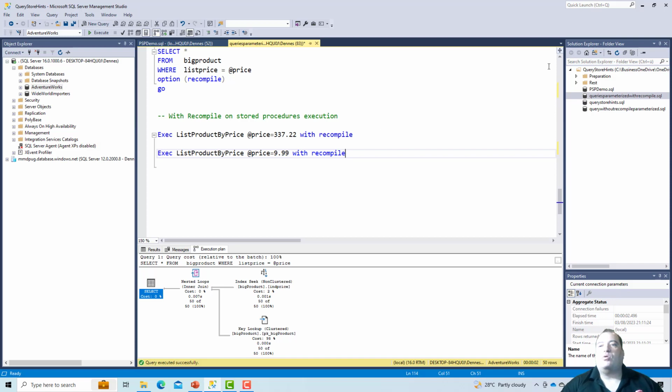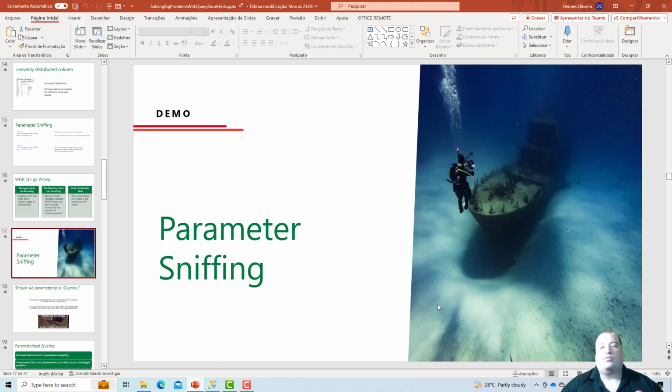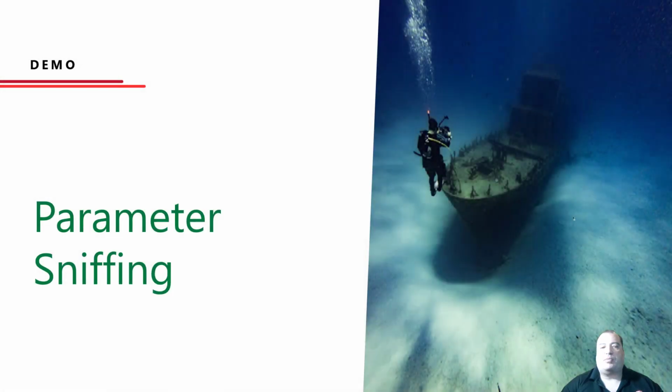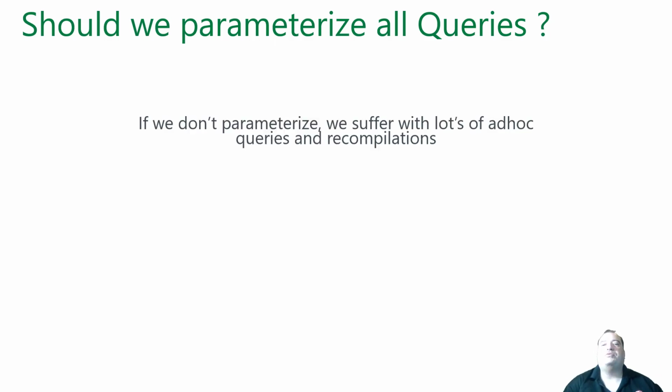But let's talk more about the problems related to query hints and the application of query hints. Let's get back to our PowerPoint. So, a question that I already posed for all of you before: should we parameterize all the queries? The example of parameter sniffing shows that we shouldn't. If we don't parameterize, we suffer with lots of ad hoc queries and recompilations, queries arriving at the server and being recompiled.